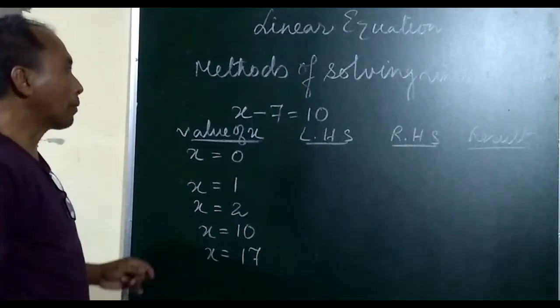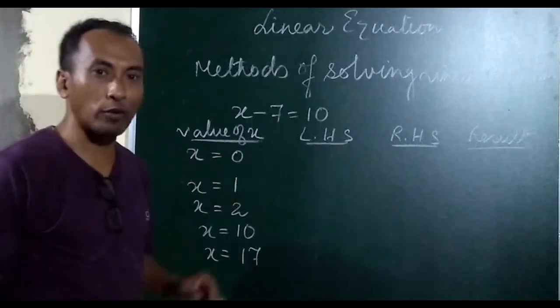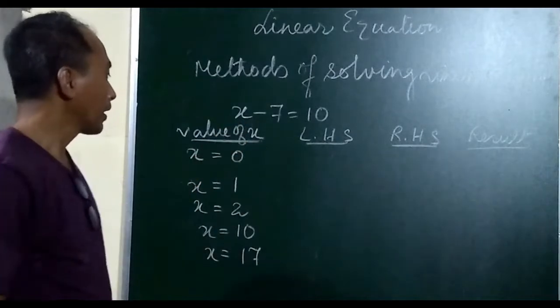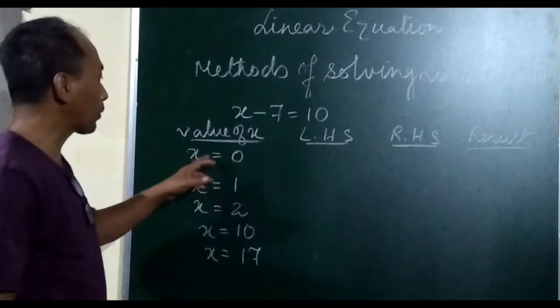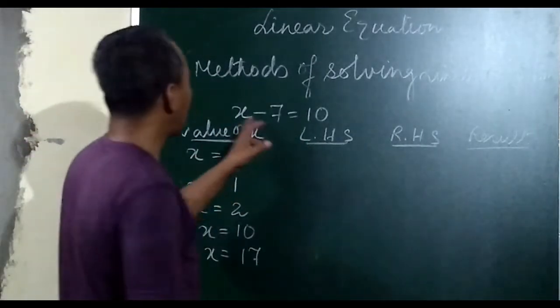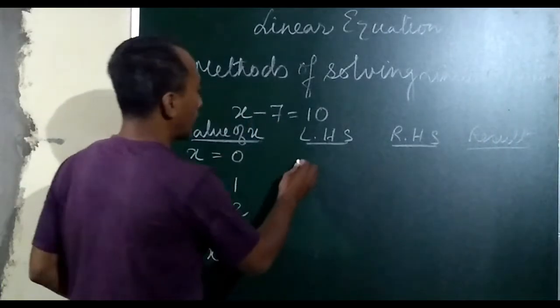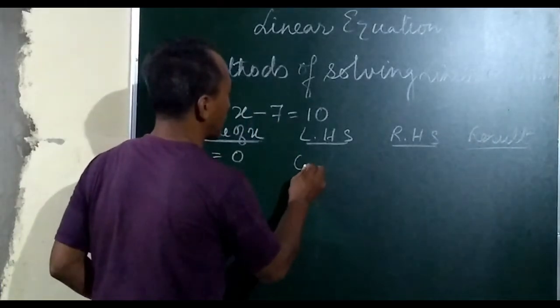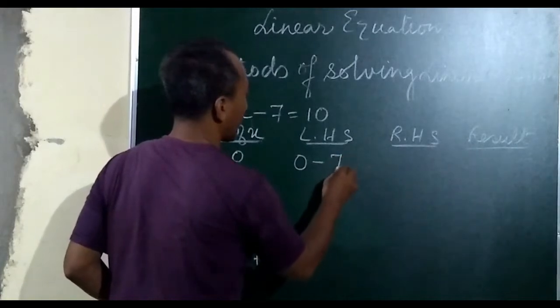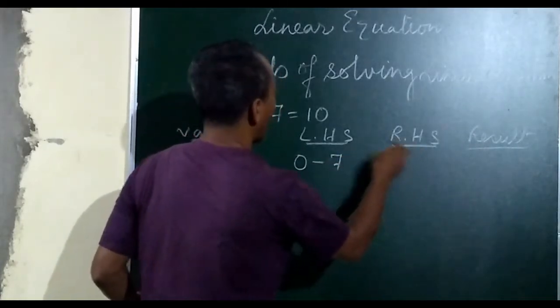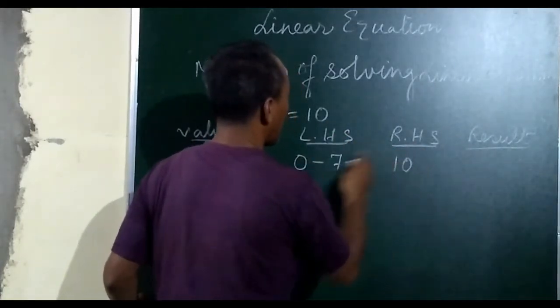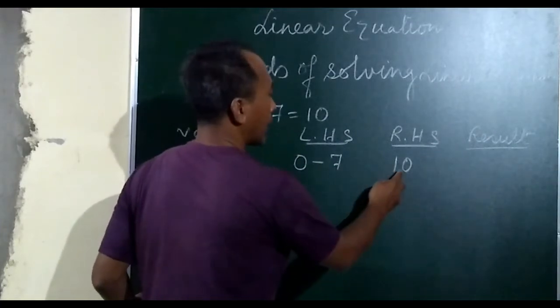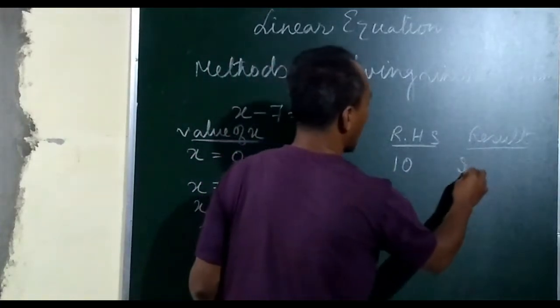For the trial and error method, we take different values for the variable. Here we take x equals 0. Left hand side is x minus 7, so 0 minus 7 is minus 7. Right hand side is 10. The result is incorrect.